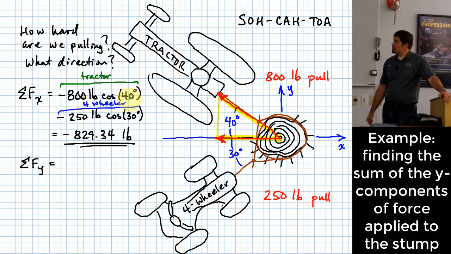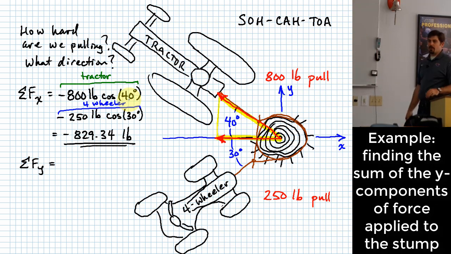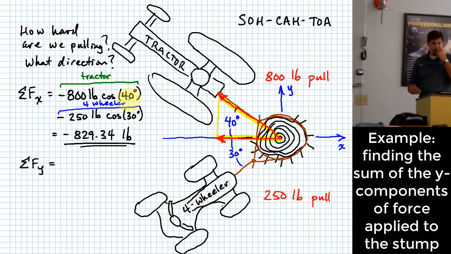Both the x components point in the same direction, and that's why the two terms in that expression have the same sign. They're both negative, because they point the opposite direction of my positive x, which I've established as positive and negative.